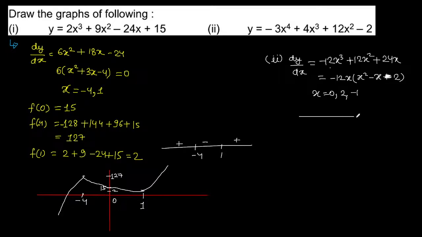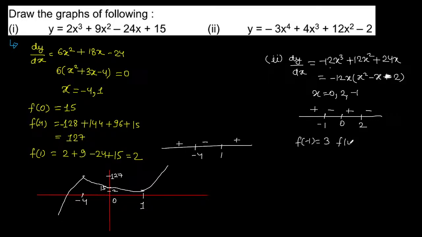So when we plot on the number line minus 1, 0, 2, if you go more than 2, this is positive, so negative, positive, negative, positive. Now with f(minus 1), it is nothing but 3.